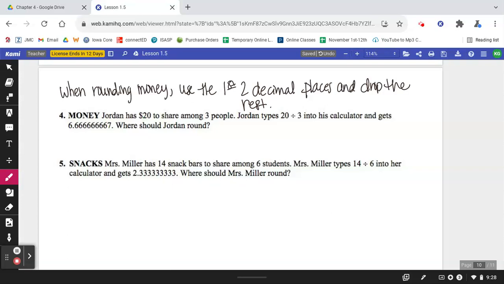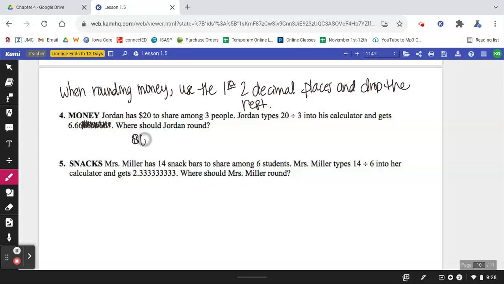So banks don't ever want to round up to the next penny because although it doesn't seem like a lot, they would have to give a penny to every person who had every account, every transaction in their whole bank, and eventually it would end up to being a lot of money. So what we do with money is we just take 2 decimal places and we scribble out the rest.